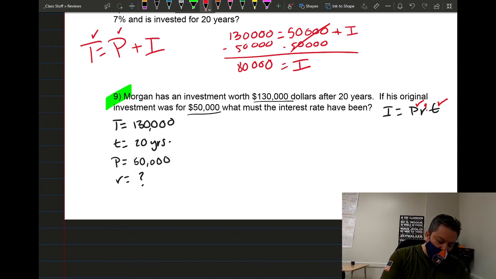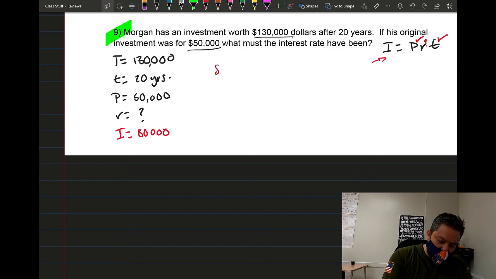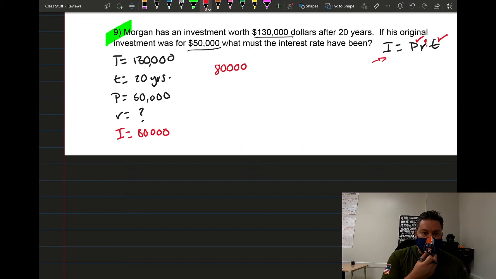So now I know my interest is 80,000, and I can go ahead and substitute the values in for this formula. So I equals 80,000. You have to do that extra step and you have to be able to recognize it. That's why I show you how to find the total since the beginning of this series of videos.